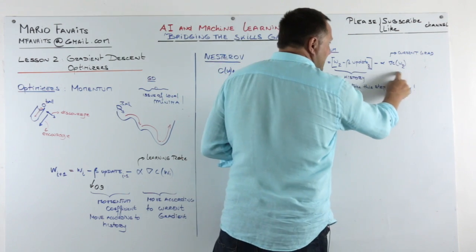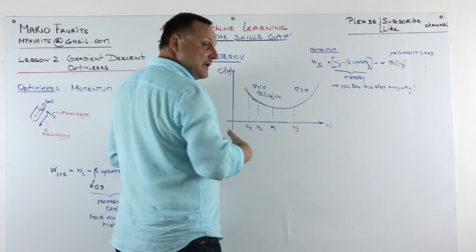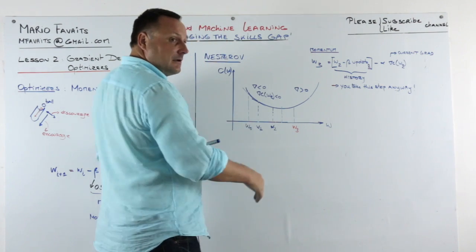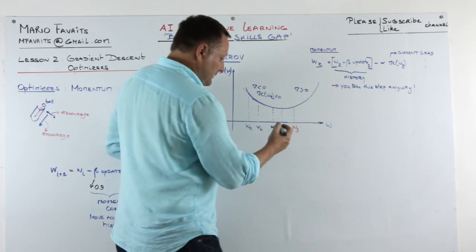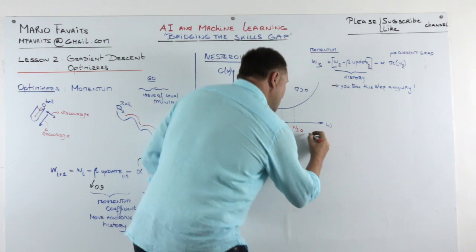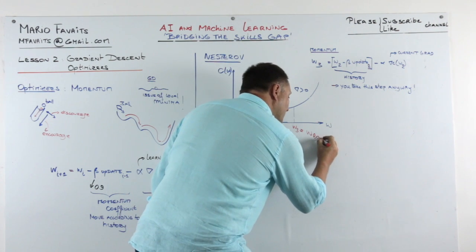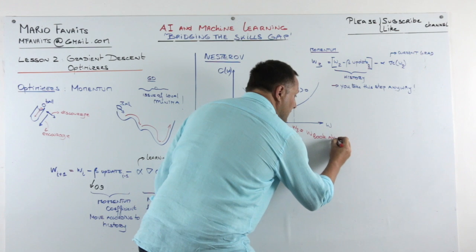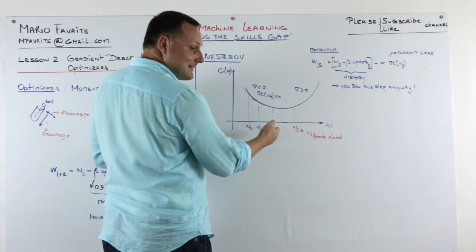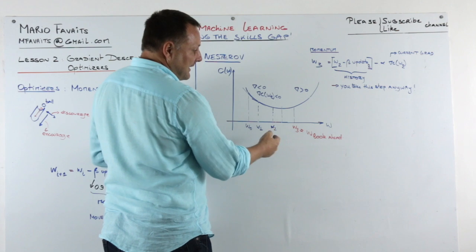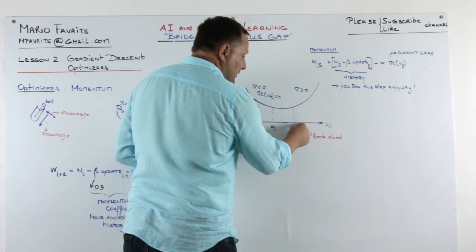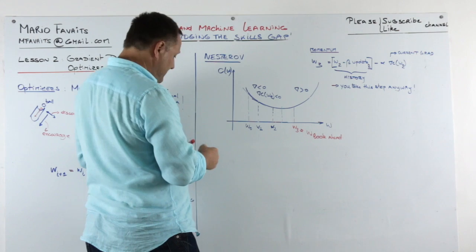But instead of taking this term here, you want to take the gradient at the look-ahead point. W3 is what we call W look-ahead. And you can see that here the gradient changes sign, and so instead of adding another factor in this direction, you actually move back in this direction.